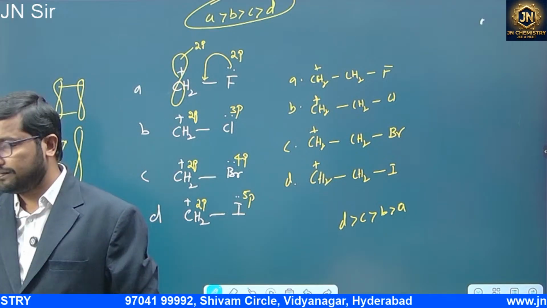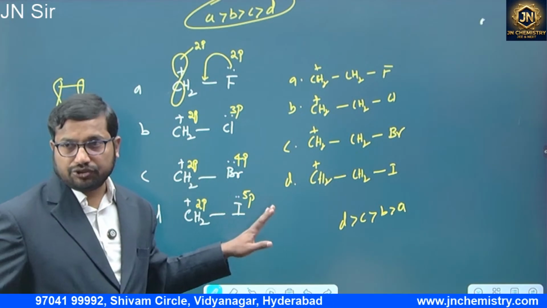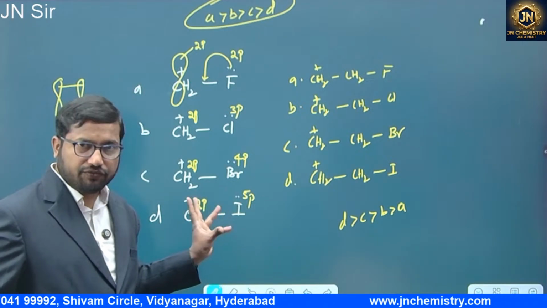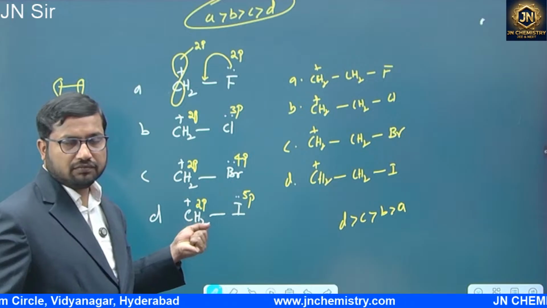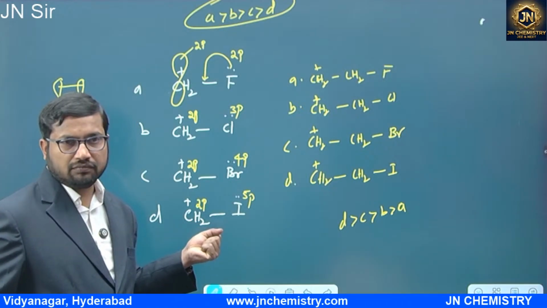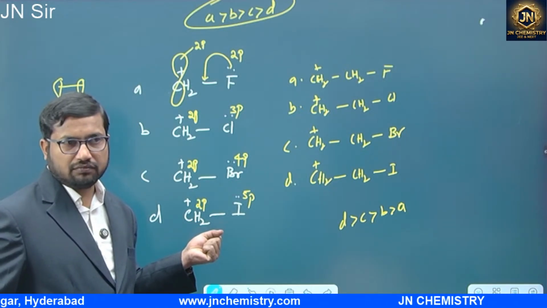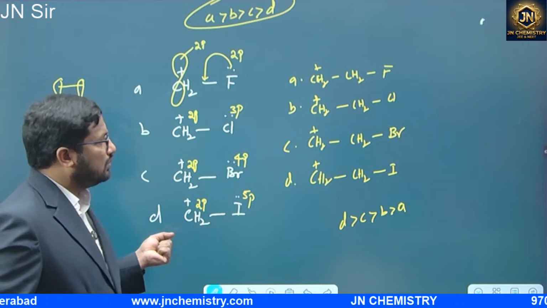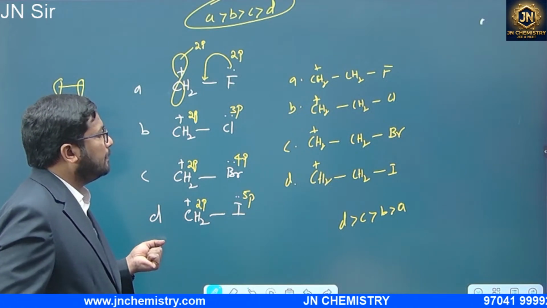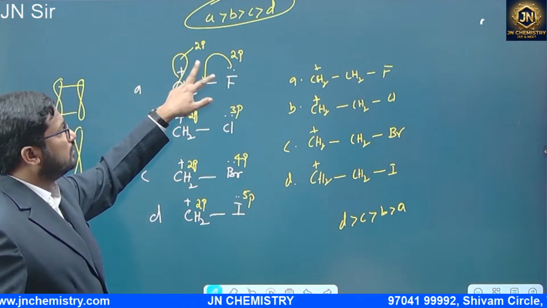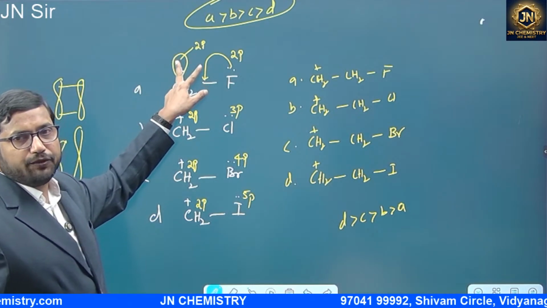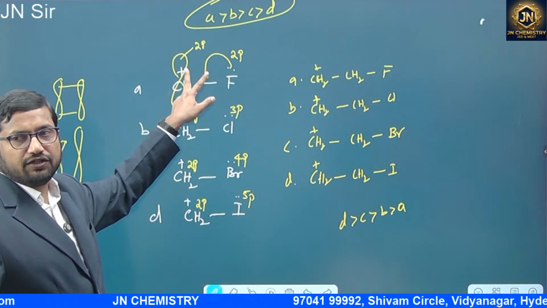Yes, sir. These are all important questions. Directly they are asking this type, confusing type of questions. For example, if both are 2p and 2p, in that case what do we need to do?